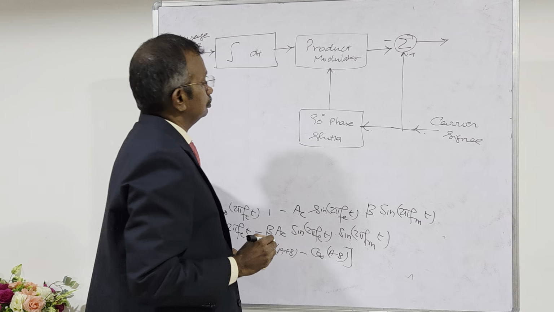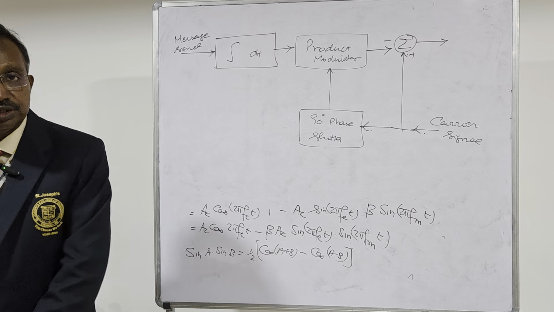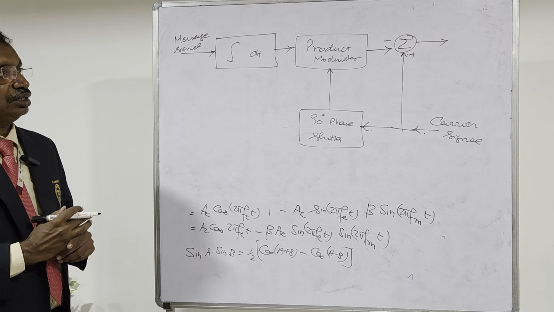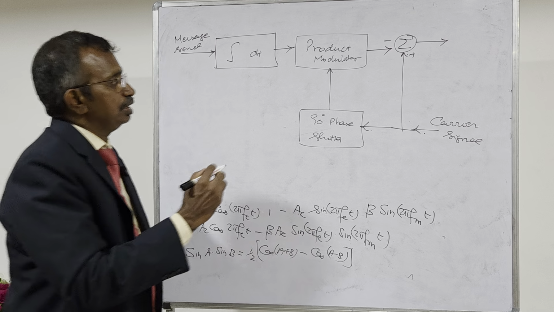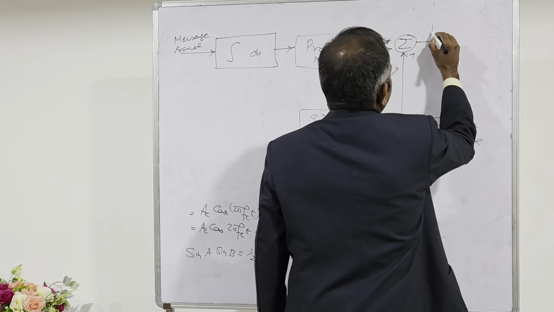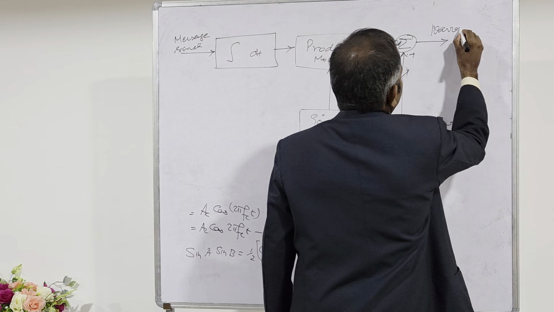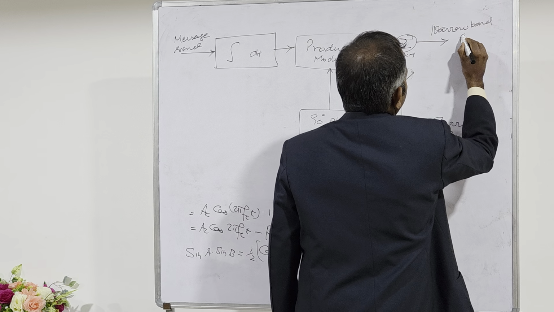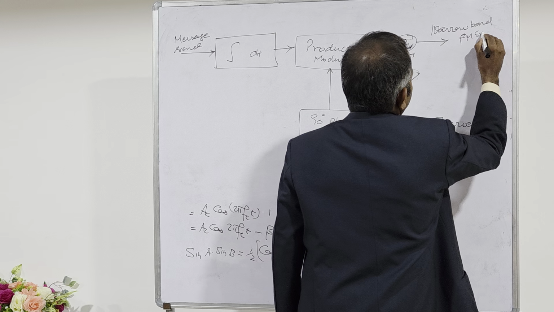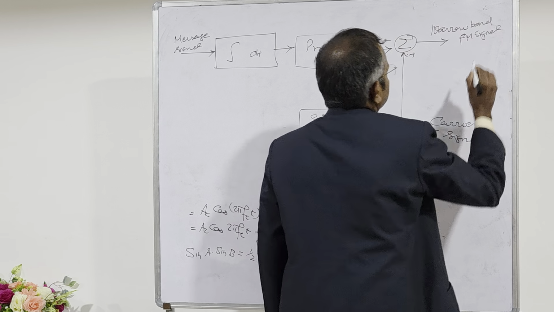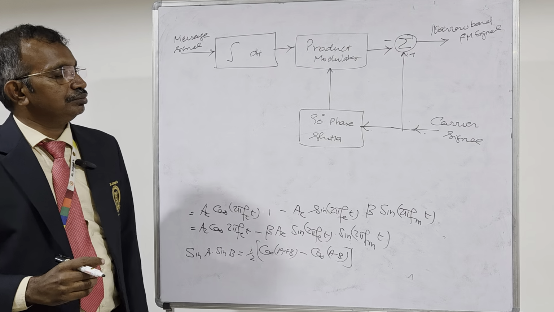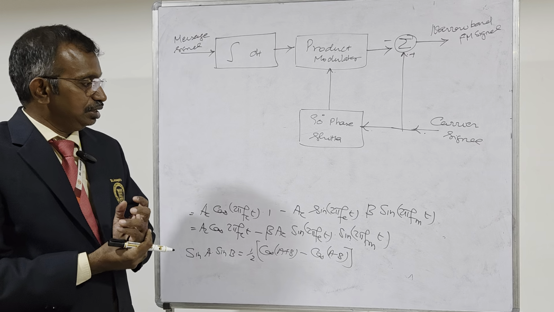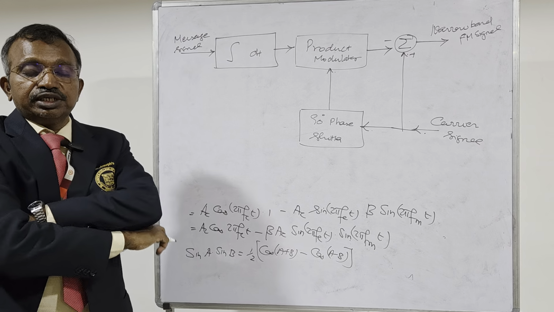Right. So this is the narrowband phase modulator. Here you are getting the narrowband FM signal. This is the block diagram that is used for the generation of FM signal.